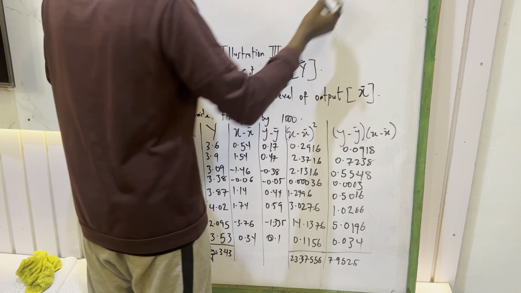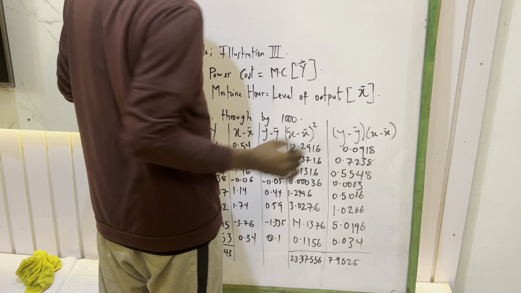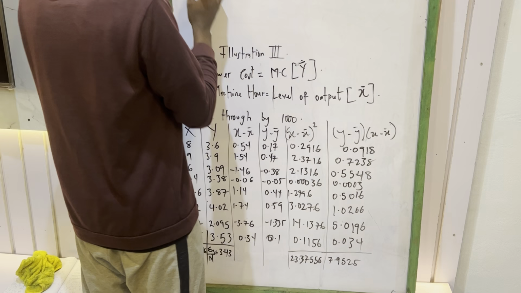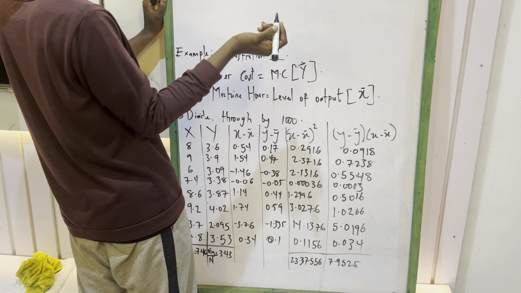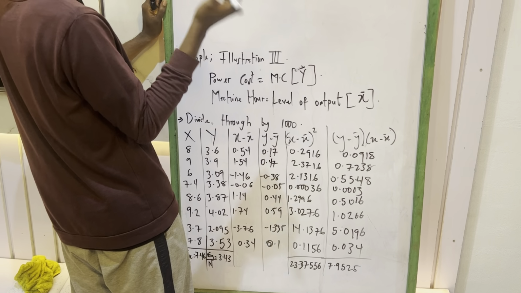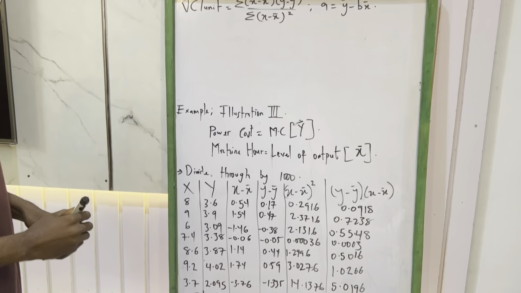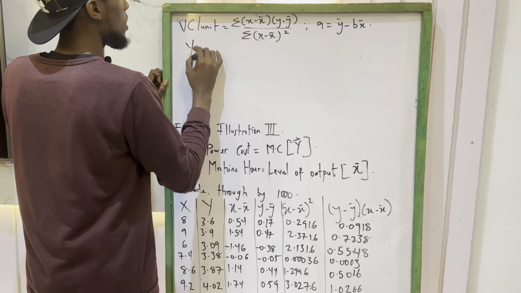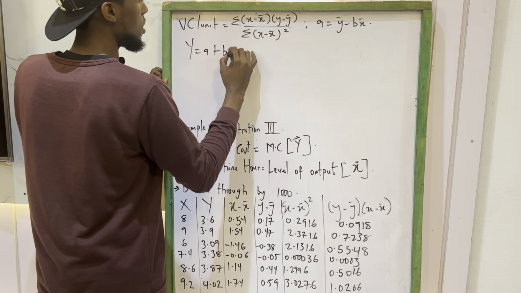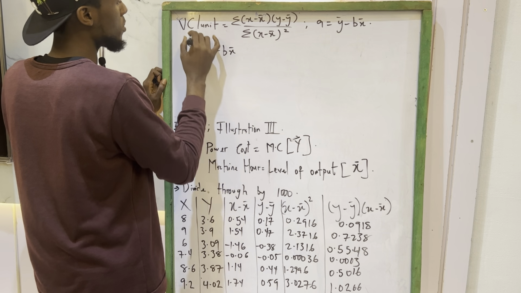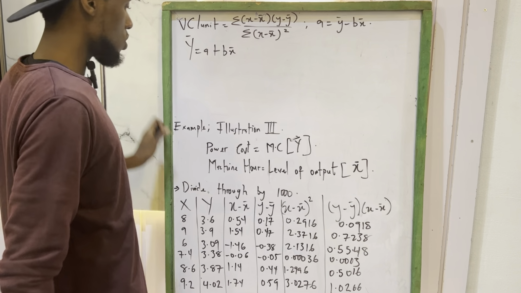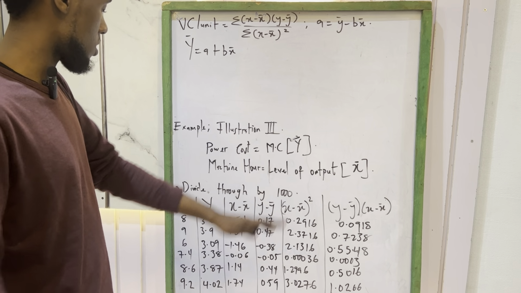All right, I can as well use prime here, because this is what we'll be working with. Then Y is equal to a plus bX. I can as well still use prime just for the sake of this class, so that we'll not be mistaking the X and all that.